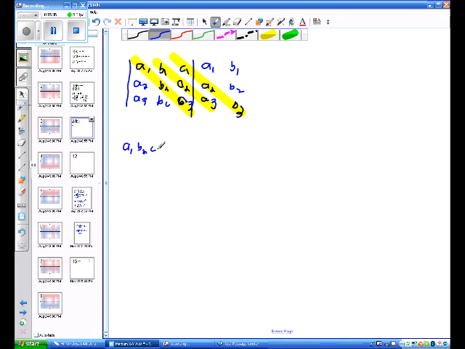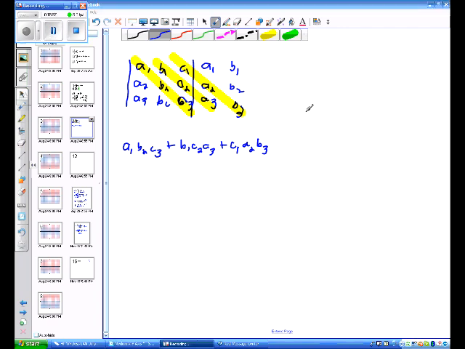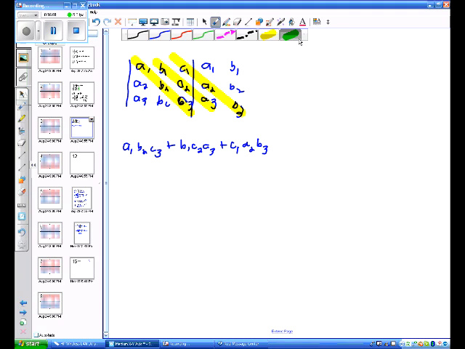So that would be a sub 1, b sub 2, c sub 3, plus b sub 1, c sub 2, a sub 3, plus c sub 1, a sub 2, b sub 3. So we found the products of our diagonals going down. From that, we're going to subtract the product of our diagonals going up.